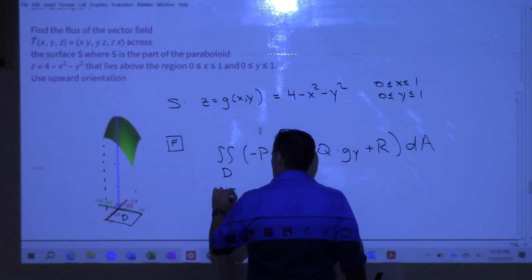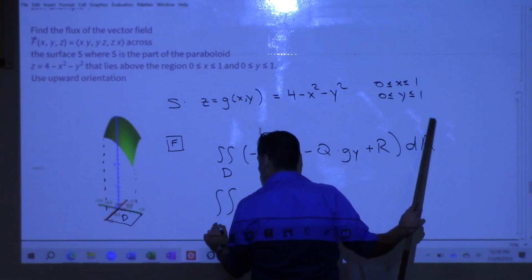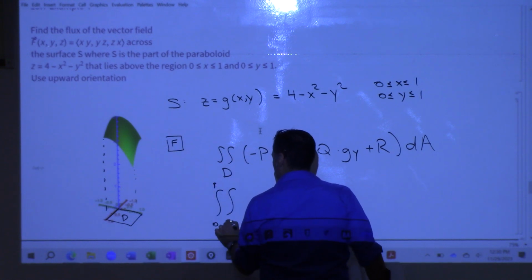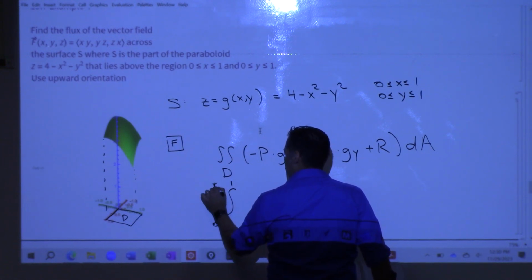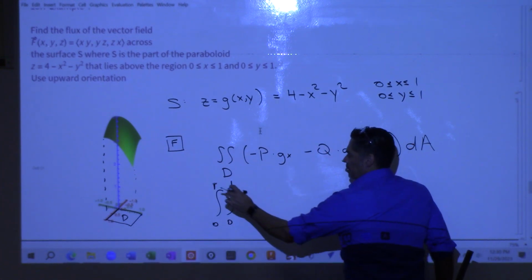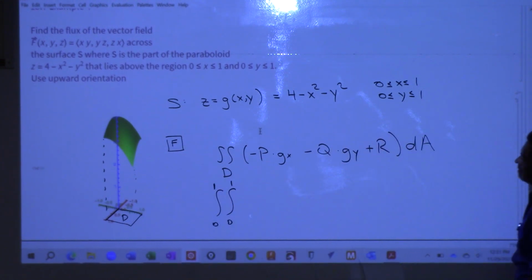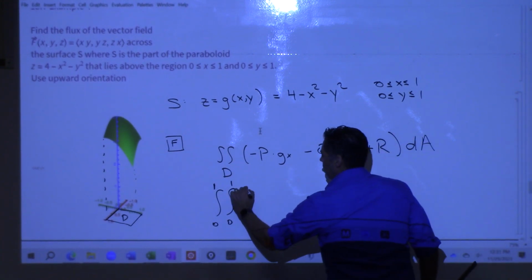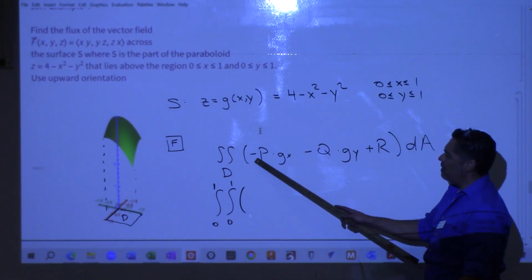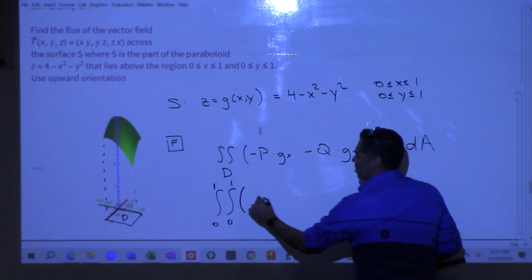Okay, double integral. I'm going to go ahead and put my limits of integration, 0 to 1, 0 to 1. Order doesn't matter. In fact, they're exactly the same, so I can't possibly screw it up. All right, and then negative P. Let's be careful here. Negative P means negative.